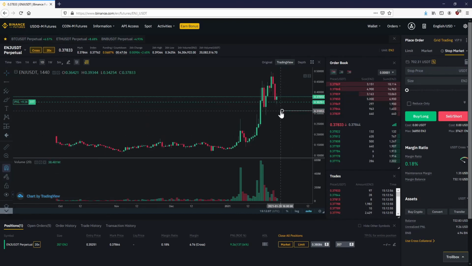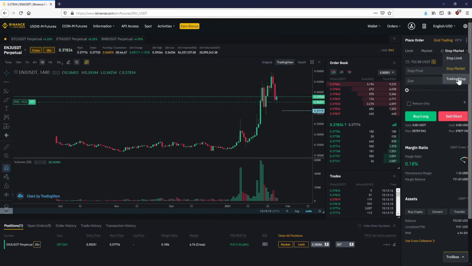So the moment price hits here, it will sell at whatever market price the market is trading at that particular time. It will sell on the spot. There may be some little slippage as well, but it is better to use a stop market than a stop limit, especially when trading the futures market.